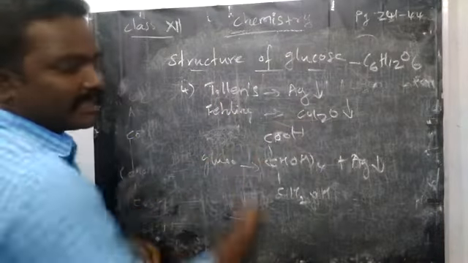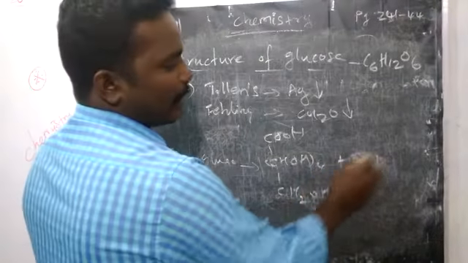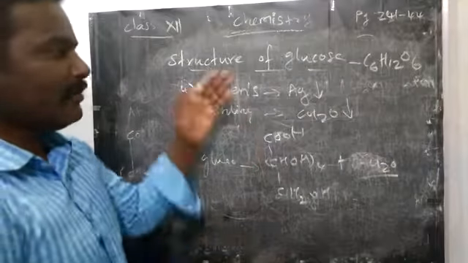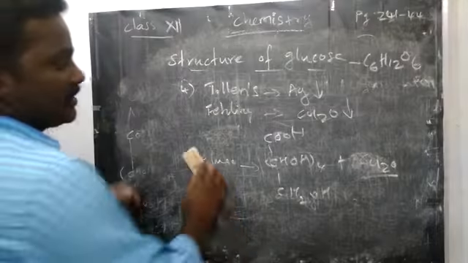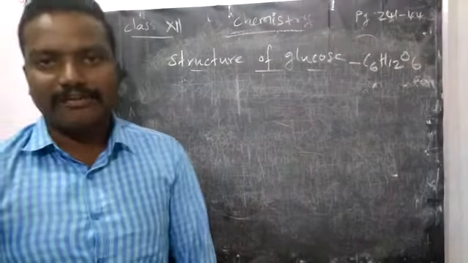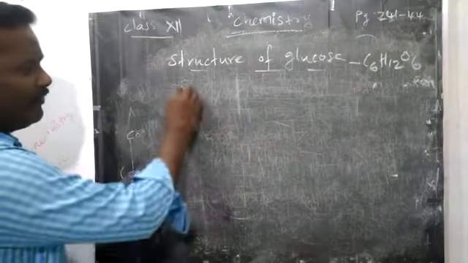Suppose glucose is added to Fehling solution, it will give the same gluconic acid with the cuprous oxide red precipitate. So we can confirm that Tollens reagent and Fehling solution also oxidize glucose.